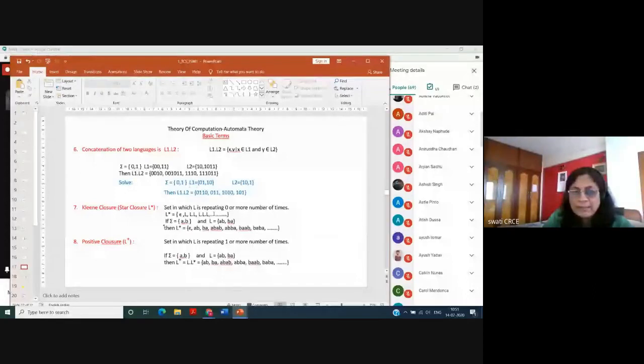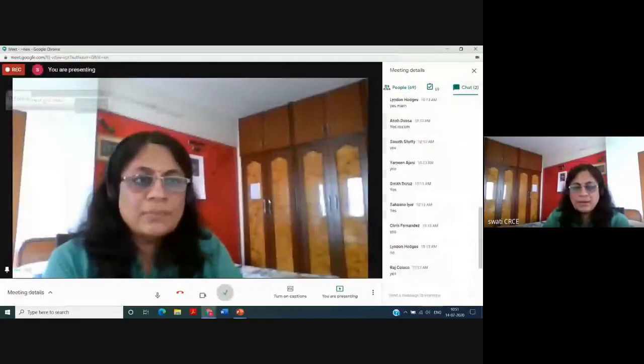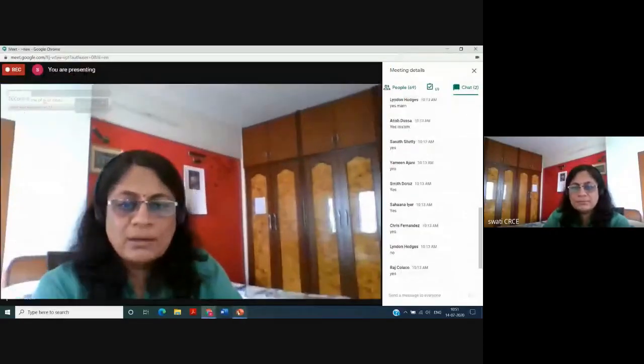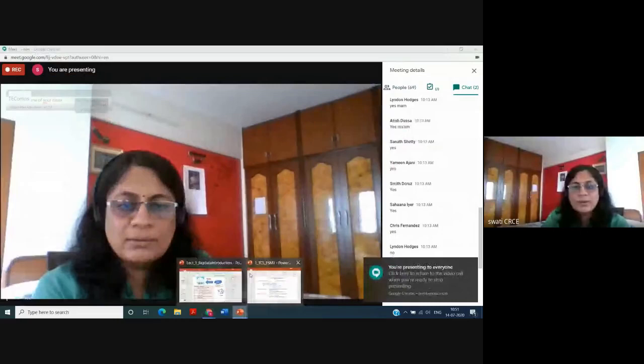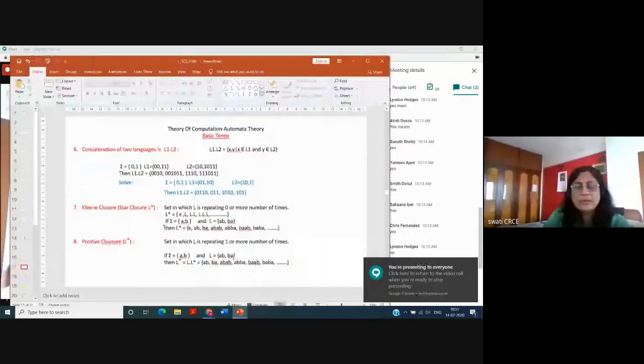So L dot L will be ABAB, ABBA, BAAB, and BABA. These last 4 elements are L dot L. Like this, you can go on having the elements in L closure, and you can have infinite number of elements.